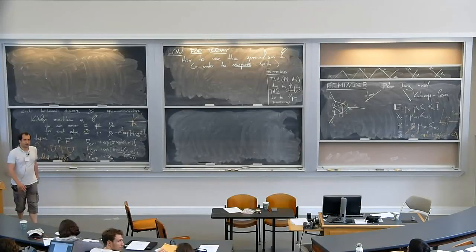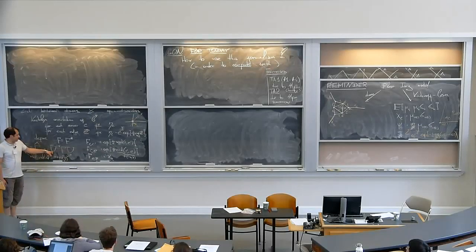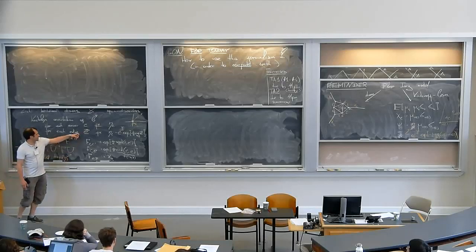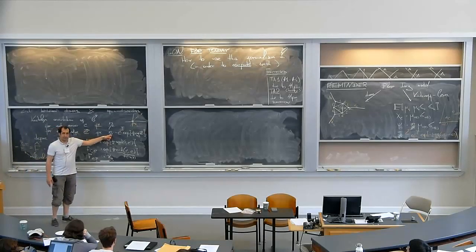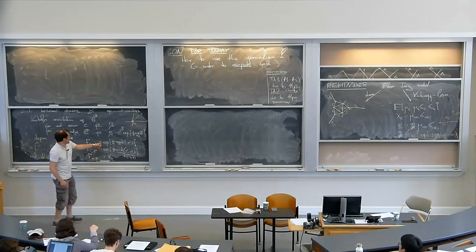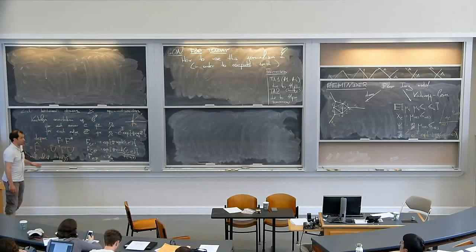U is just a diagonal matrix composed out of etas. For every C and for every E, I have my eta defined. So this is just multiplication by eta and by eta bar.